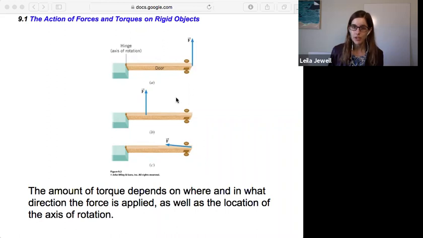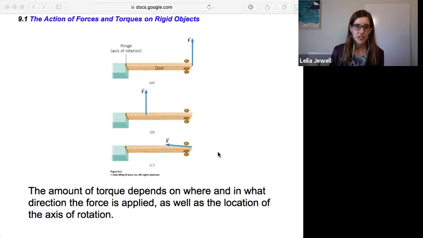It becomes harder if you push to the left as you get closer to this axis of rotation where the hinge of the door is. And it's really hard to open the door if you don't push on the handle at all. If you push towards the hinge, that's not going to accomplish much.